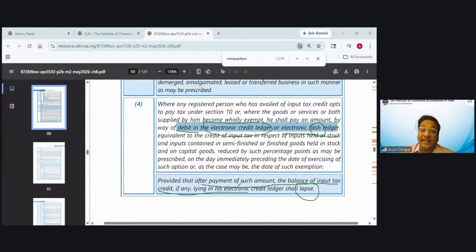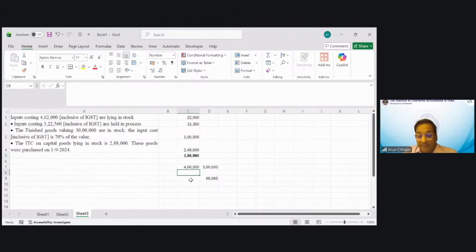So once you do the reversal of 386, will there be any ITC remaining in the credit ledger? Yes, sir. 13,040 would be the remaining balance of my electronic credit ledger. This will lapse. Is this clear to everyone?